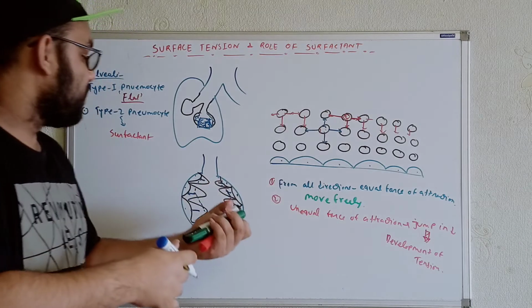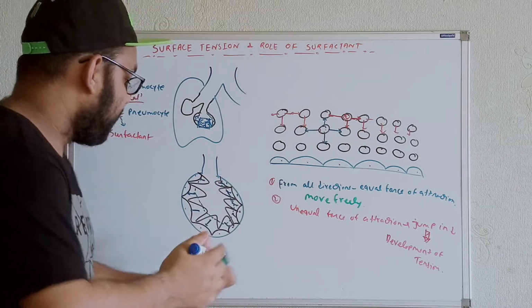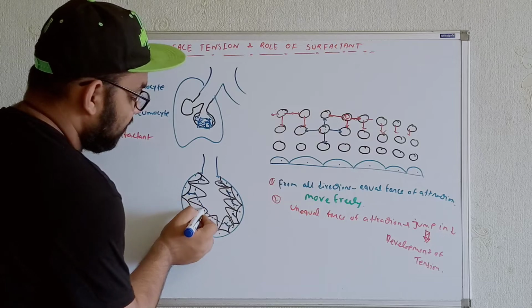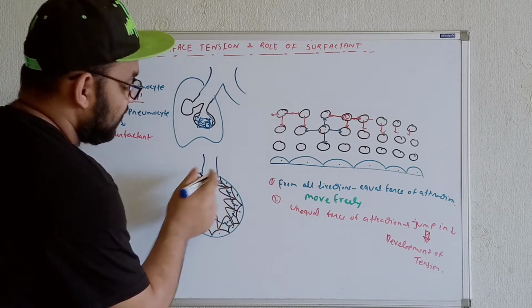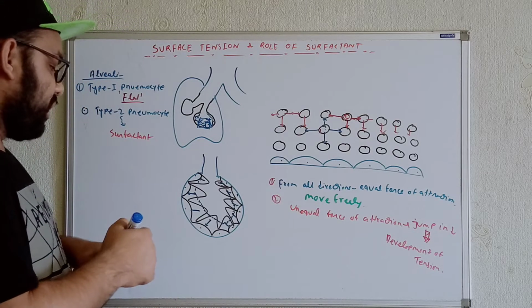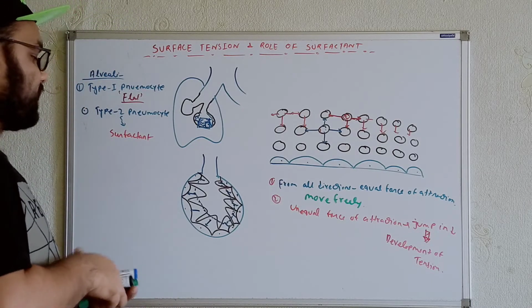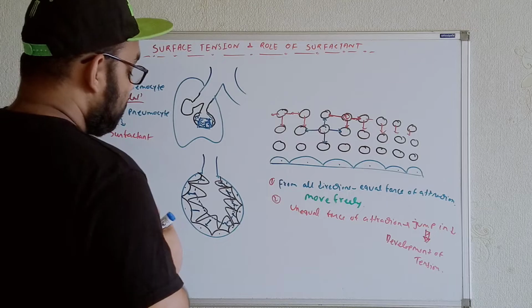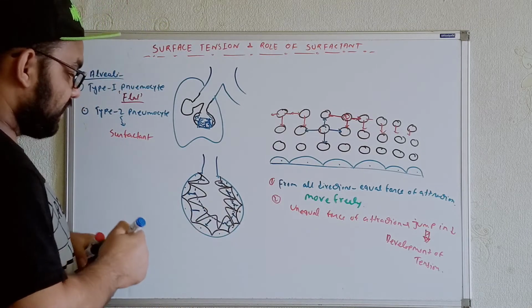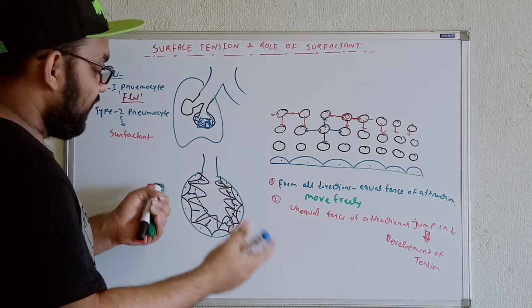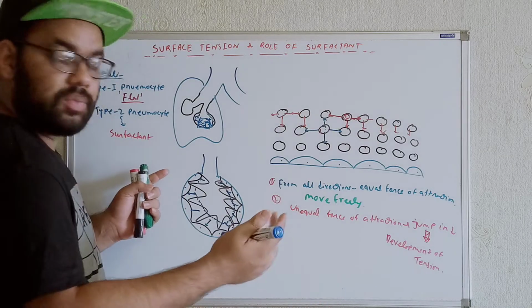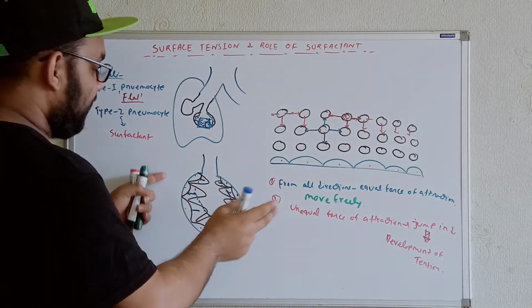Because if all of the water molecules from the surface go down, there is definitely a shrinkage of the surface area over here. In another word, we can say there will be development of surface tension. Whenever the surface area is less, or we can say the tension is developed, try to understand from this figure that the alveoli will tend to collapse.